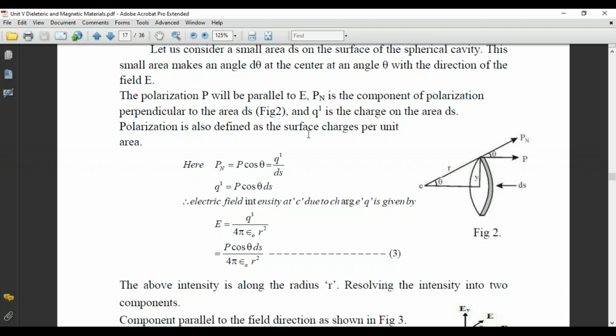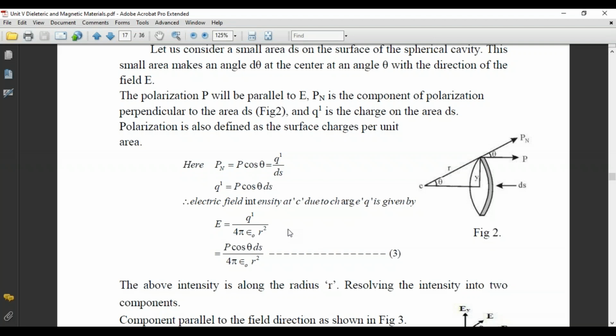Polarization is also defined as surface charge per unit area, that is Q by ds. So Pn equals P cos theta, which equals Q dash by ds, so Q dash is P cos theta ds.